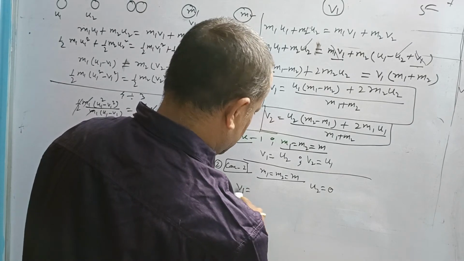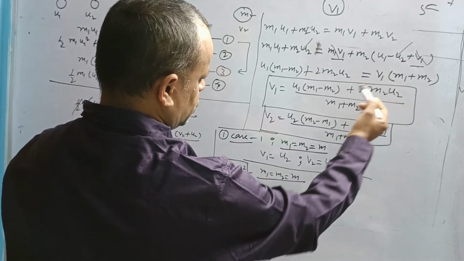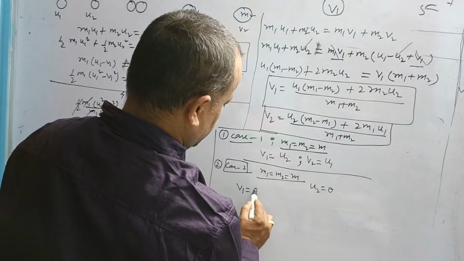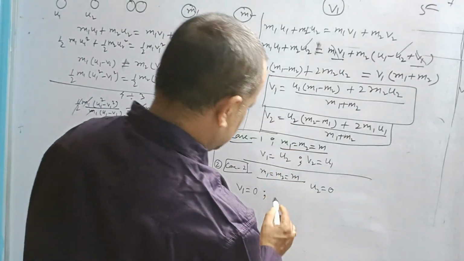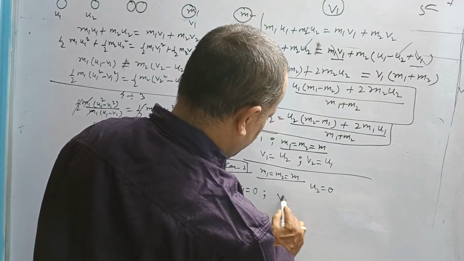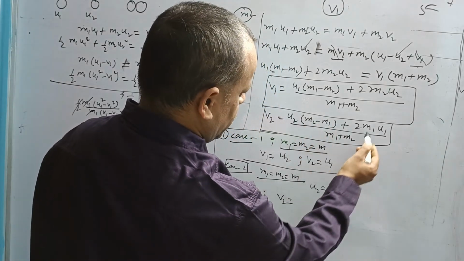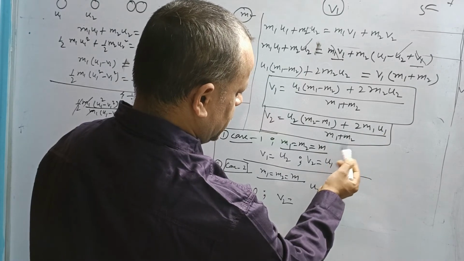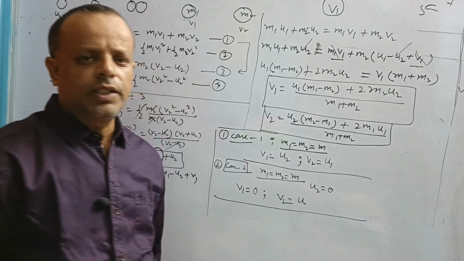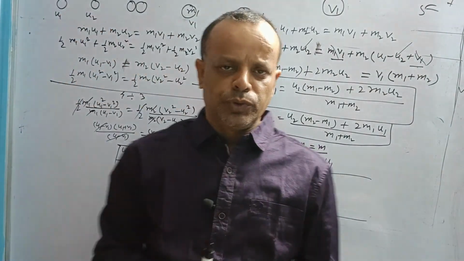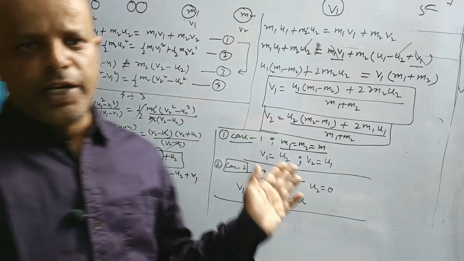V1 is going to be 0, and V2, with the mass getting cancelled out, 2M cancelled over this, means V2 is equal to U1. These are the few cases we need to go through in the case of elastic collision in one dimension.